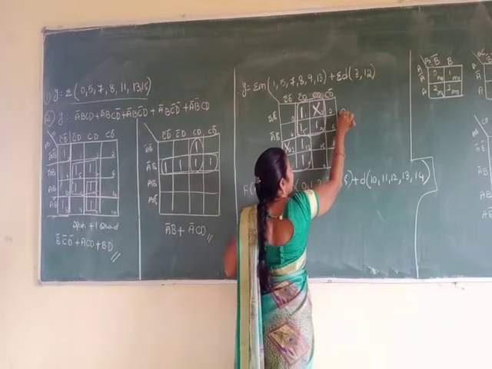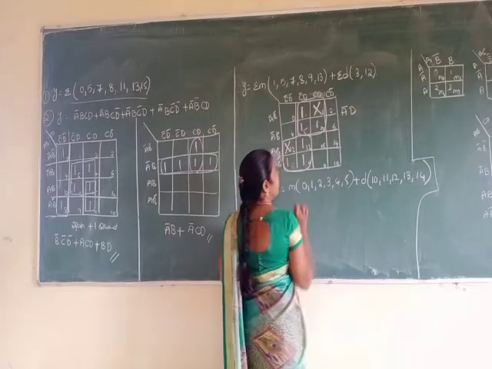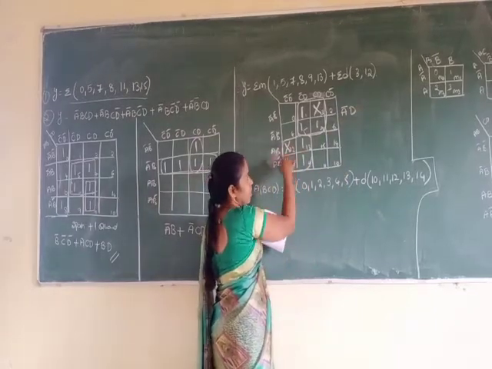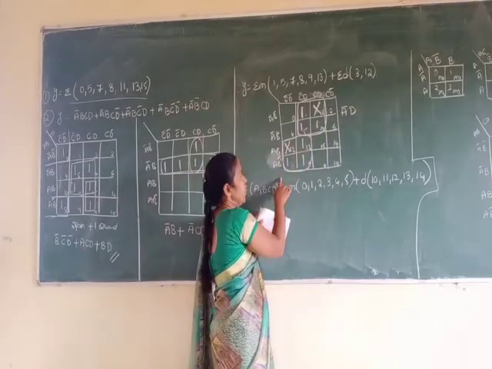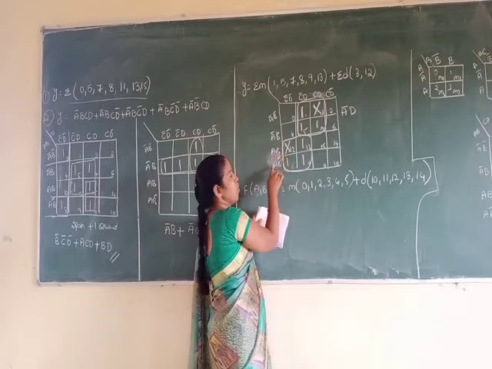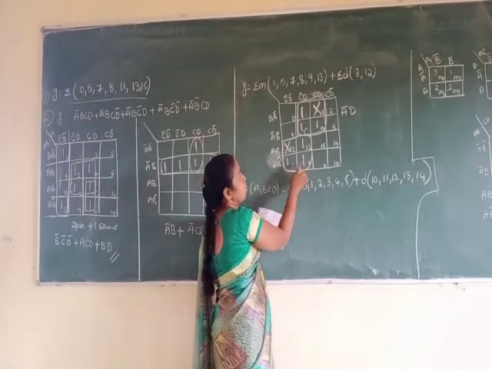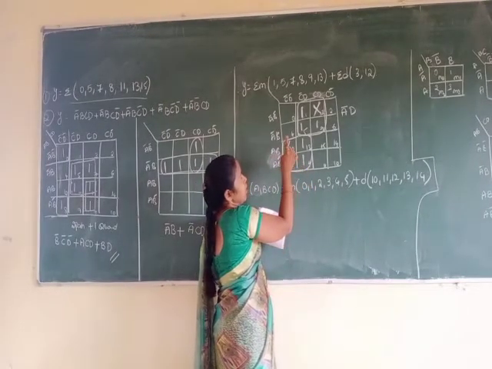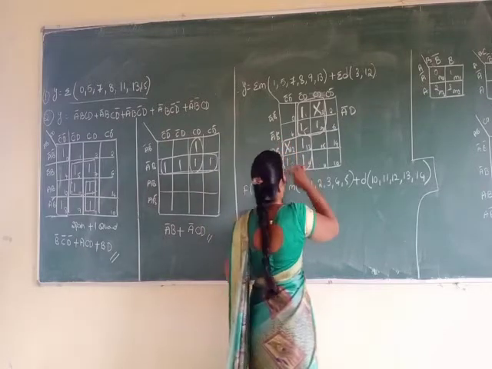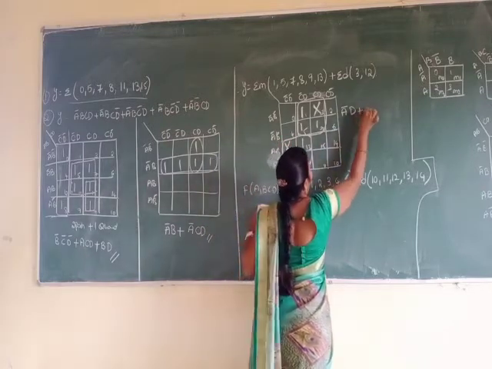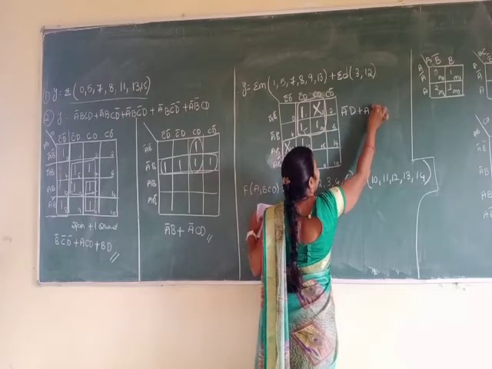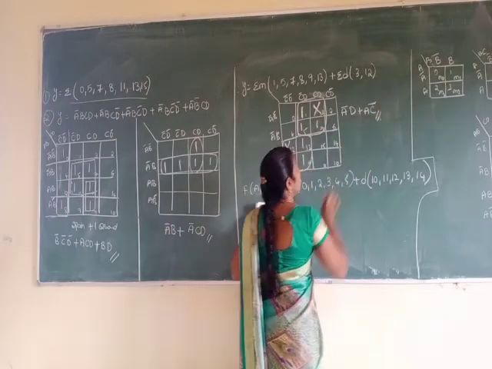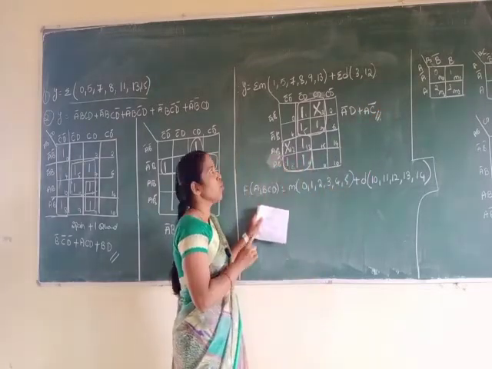We will get A bar D. Now when you check the second quad, here B bar B get cancelled. What you get here is A. These 2 columns, D bar D get cancelled. You get A C bar, the reduced expression.